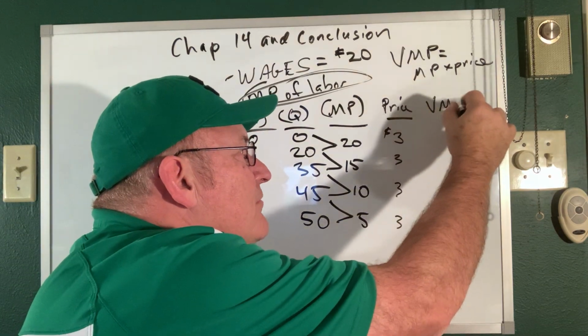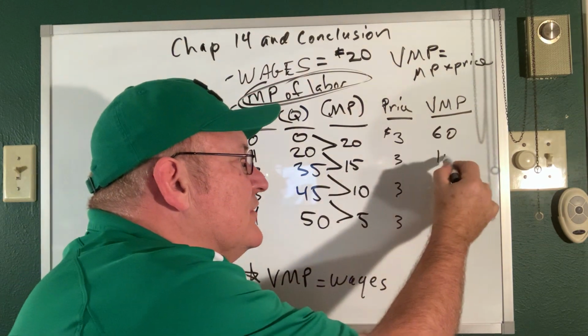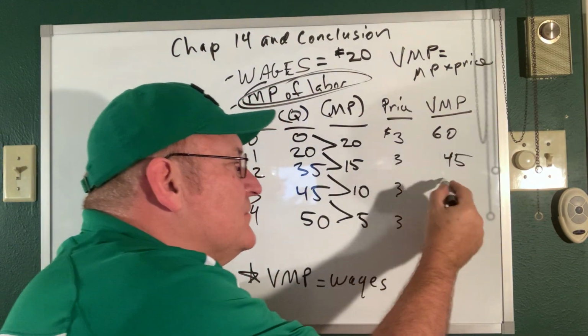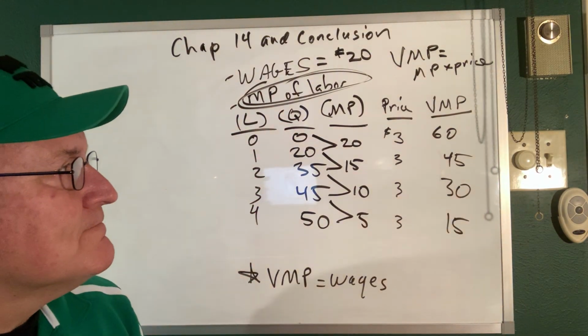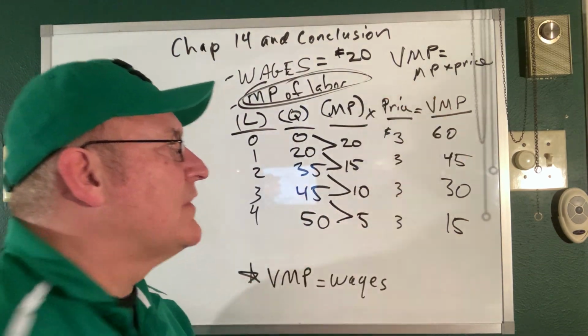So the value of marginal product: 3 times 20 is 60, 3 times 15 is 45, 3 times 10 is 30, 15. Not that big a deal.